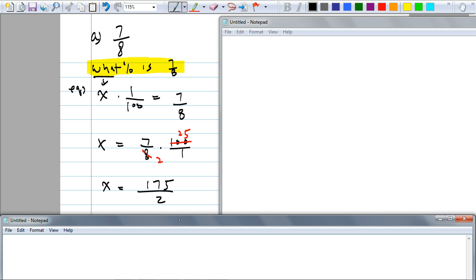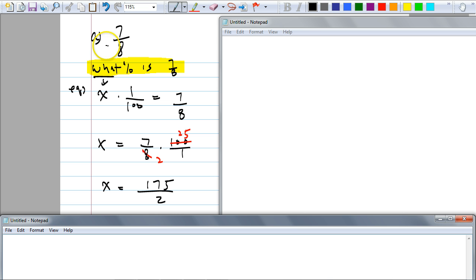What have we found? Look at what we said. Who thinks they know what we just found here? Aleph, what have we found here? Okay, look at what we said. In the very beginning, what did we want to find? What percent is 7/8. So guess what we found?